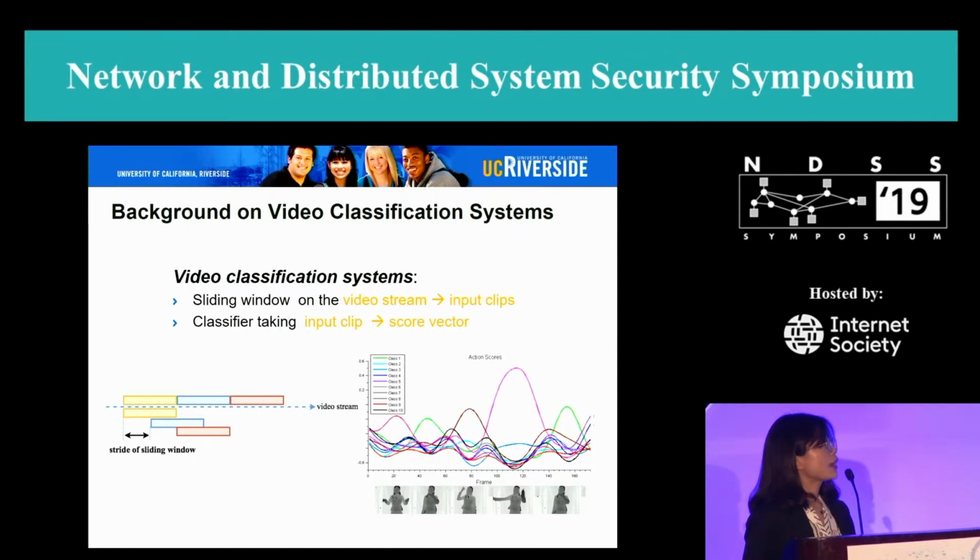Then the classifier takes the input clip and outputs the score for each class. If we plot the score for each action over time, we get curves like those shown here. The peaks in the curve mean the corresponding action may be happening during that time period.